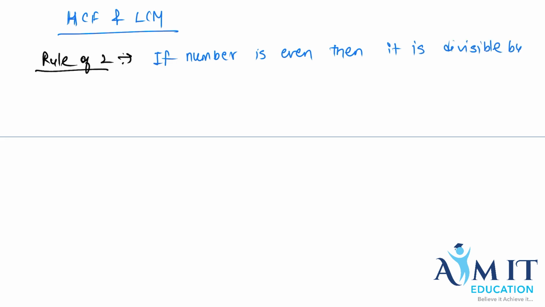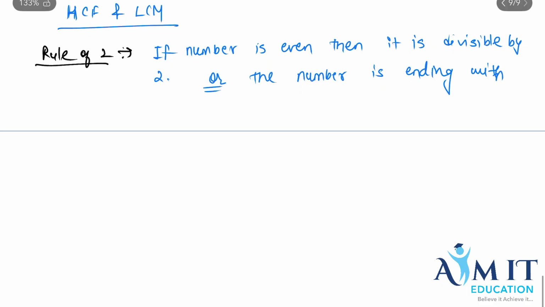Okay, so it is quite easy. Or we can say that the number is ending with 2, 4, 6, 8, 0.